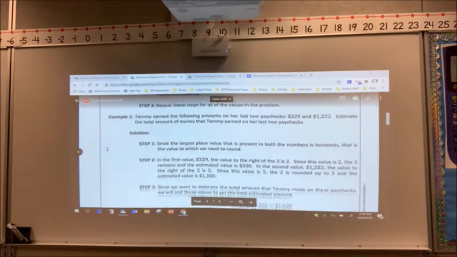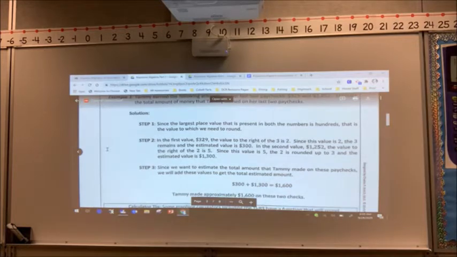Example 1: Tammy earned the following amounts on her last 2 paychecks: $329 and $1,252. Estimate the total amount of money that Tammy earned on her last 2 paychecks. The solution. Step 1.